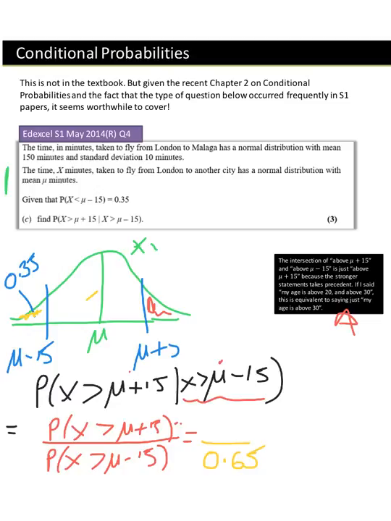And the probability that it's greater than mu plus 15 is going to be 0.35. If you think about the symmetry of the graphs here, that little area is also 0.35. And working that out will give us our probability, which is 7 over 13.